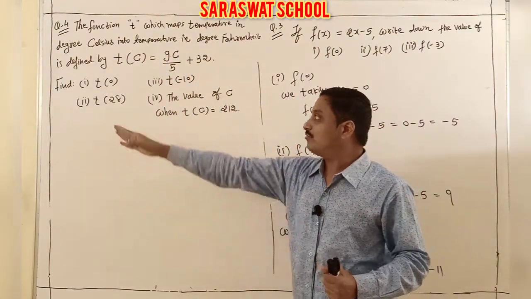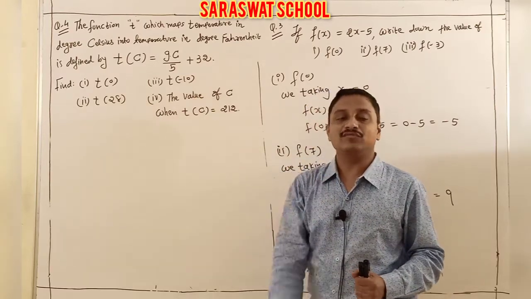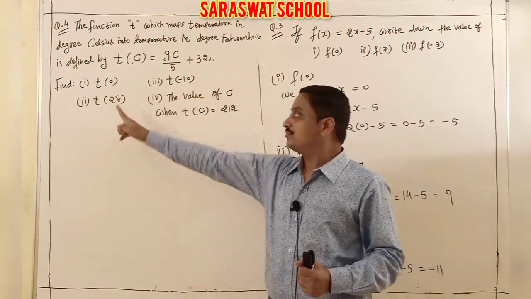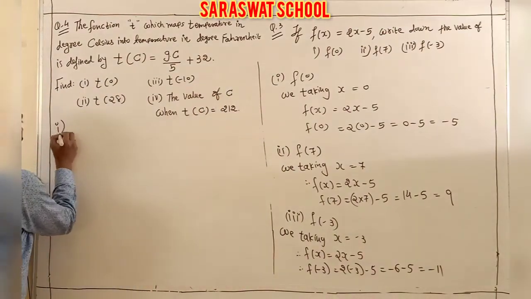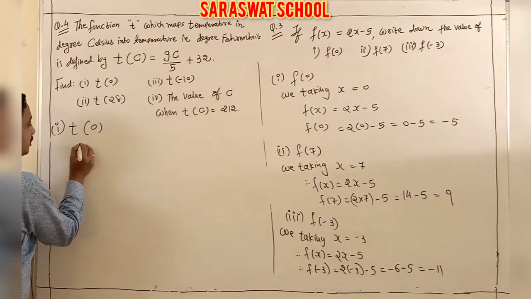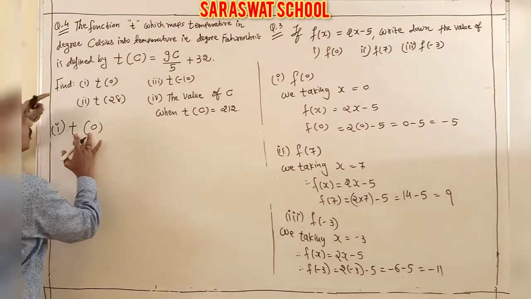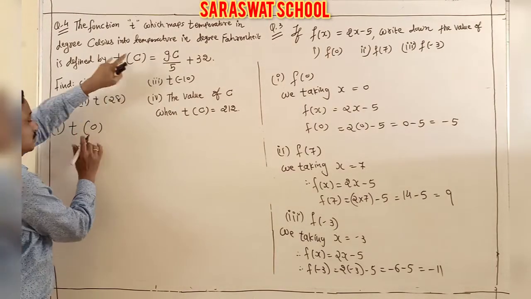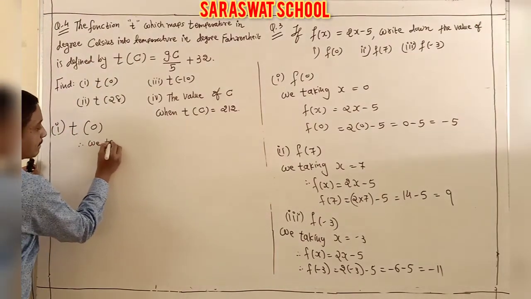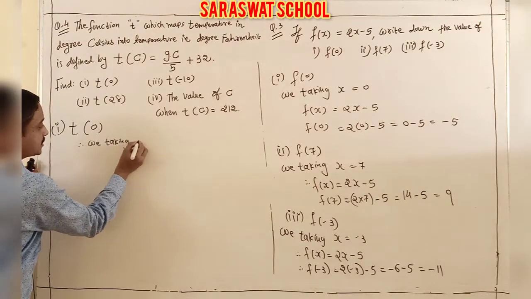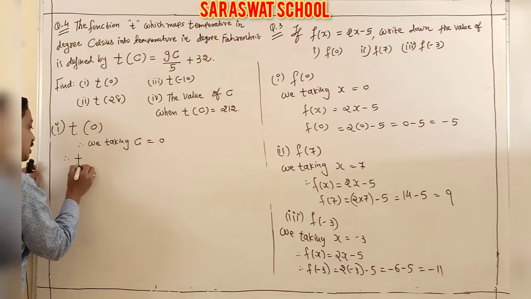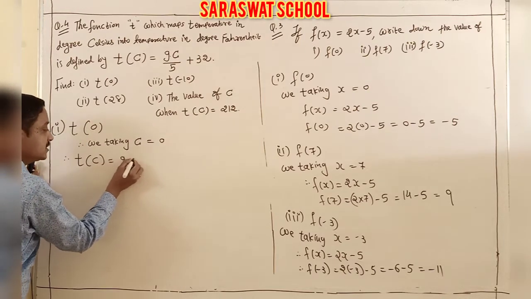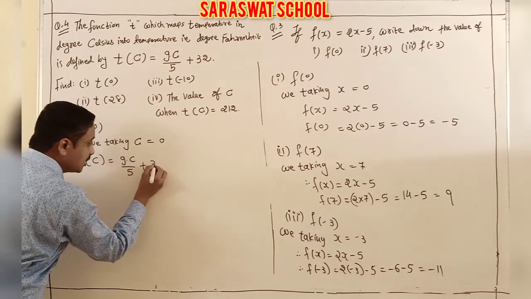And I want the further questions of 4. So very easy. First I go to T of 0. T of 0 means compared with T of C, we take C equal to 0 in this formula, T of C equals 9C by 5 plus 32.